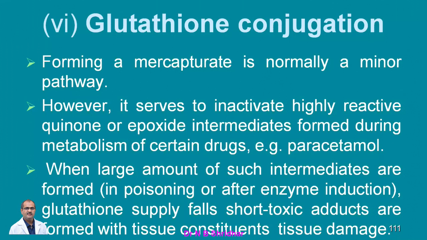You may think that paracetamol is a simple drug, but even though it is very simple, a lot of reactions are involved to get the paracetamol out of the body. The glutathione conjugation is also involved.